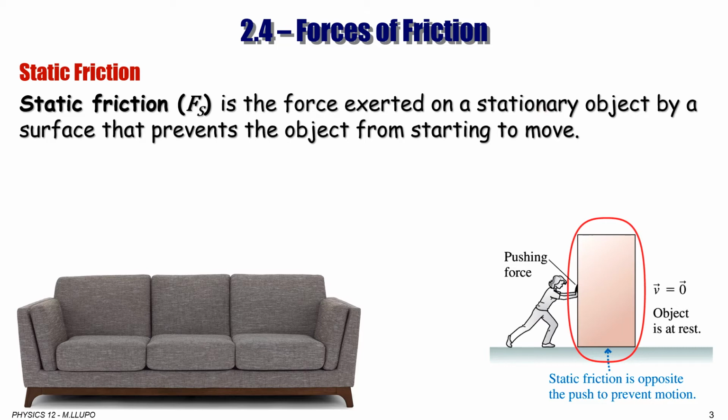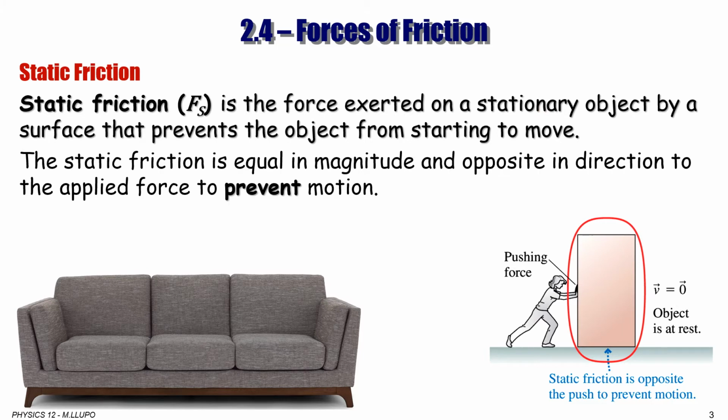So that means if you see the couch here, if you push the couch, then there is going to be a static force of friction on another side that prevents the couch from moving, especially when the couch is on a carpet. That's a lot of friction there. Now on this box here, there is a static force of friction that is generated between that surface.